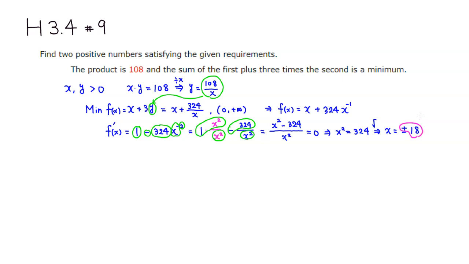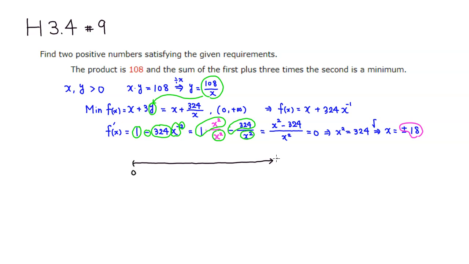Right? So let's make sure that this will give us the minimum. So I'm going to do a number line here. And then we're just talking about positive values, so I'll just put 0 here.